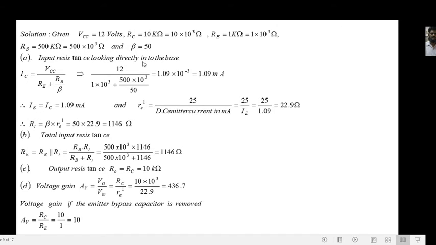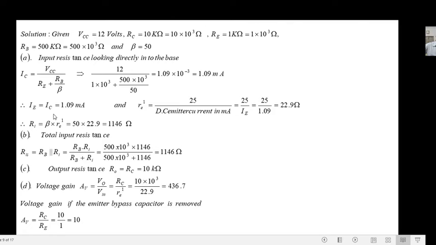Input resistance looking directly into the base. Ic is equal to Vcc divided by Re plus Rb divided by beta. That is equal to 12 divided by 1 into 10 power 3 plus 500 into 10 power 3 divided by 50, equals 1.09 into 10 power minus 3, equals 1.09 milliampere.